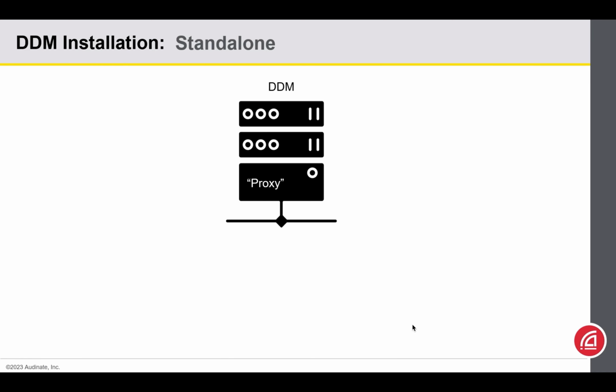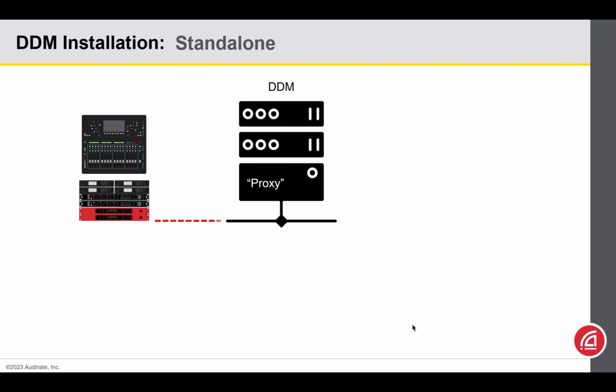DDM acts as a proxy between Dante devices enrolled in secure Dante domains and Dante controllers on the network. But for those entry people who may not know what a proxy is, let me explain it real quick. A proxy server acts as a gateway between you and the internet. It's an intermediary server separating end users from websites they browse.